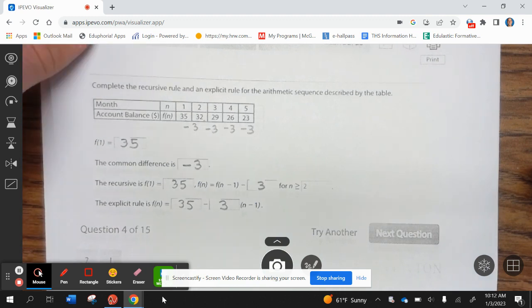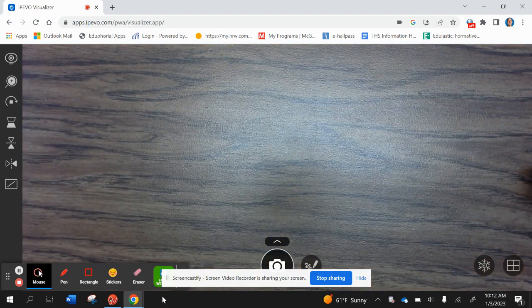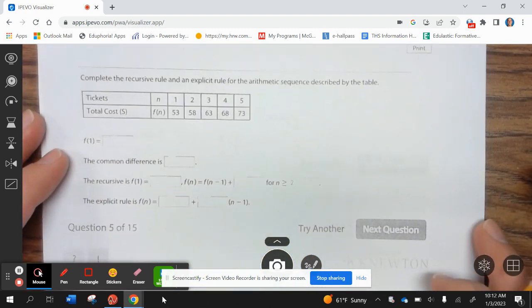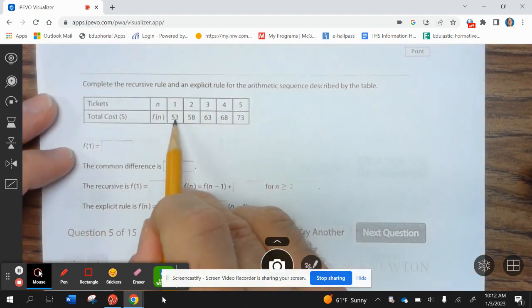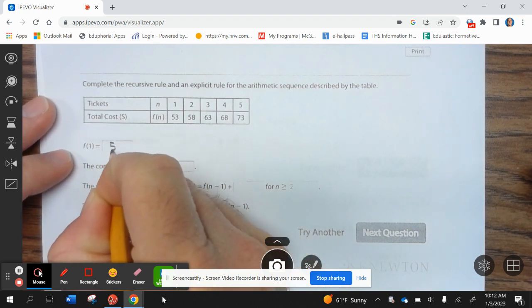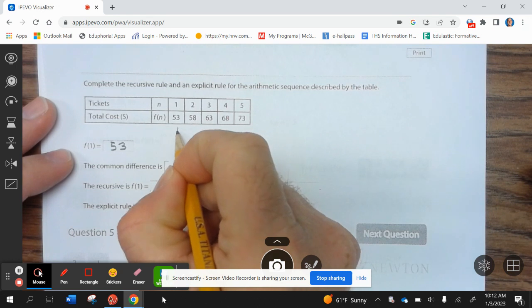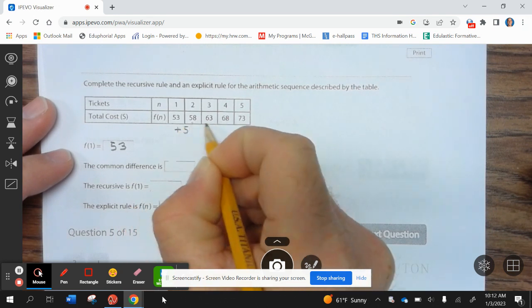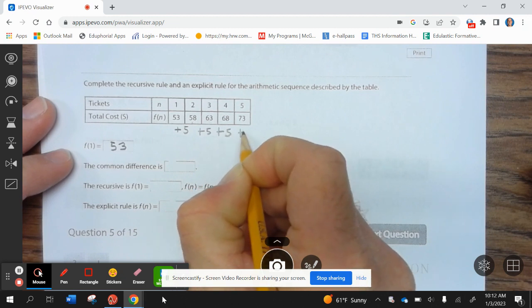All right, let's take a look at the next example. Complete the recursive rule and explicit rule for the arithmetic sequence described by the table. So here, f of 1 is 53. That's the easiest part of this question. Common difference. Well, we add 5 to get to here. We add 5 again, add 5, add 5.